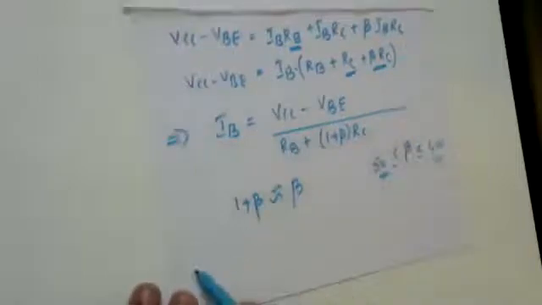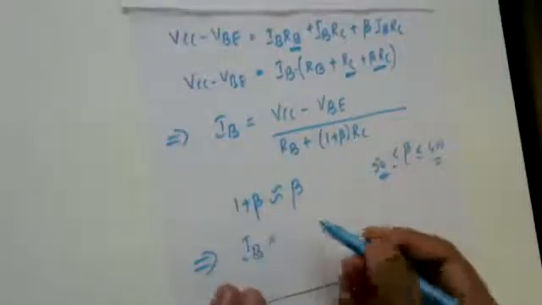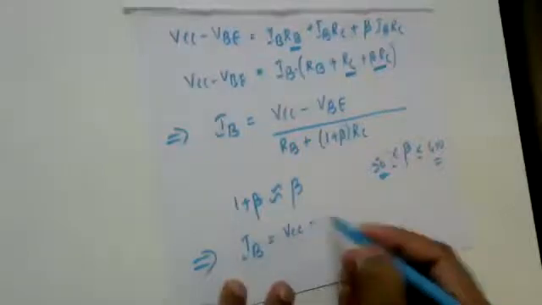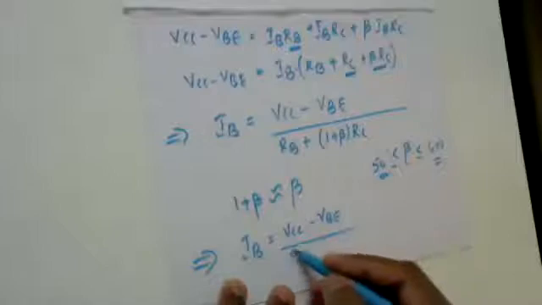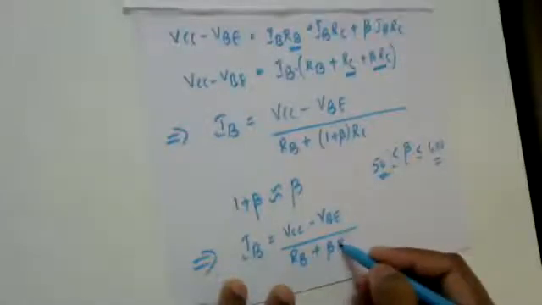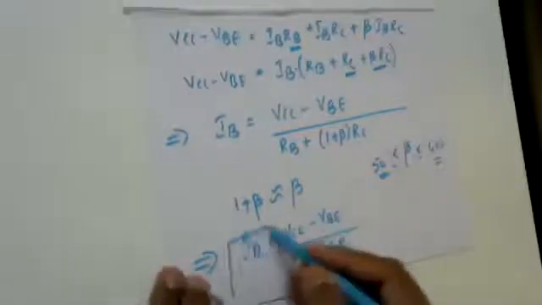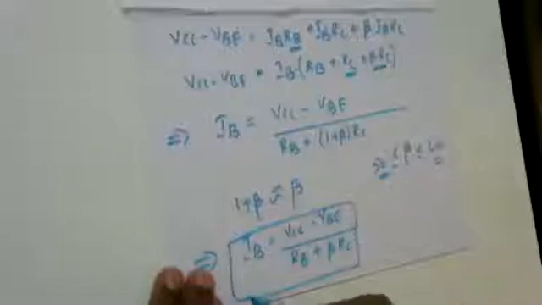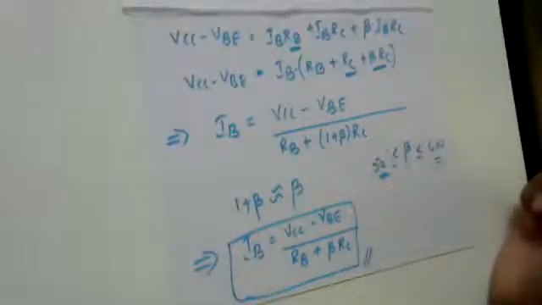Then I can have a final expression as IB equals VCC minus VBE divided by RB plus beta times RC. This is the expression that one should know with respect to this particular configuration.